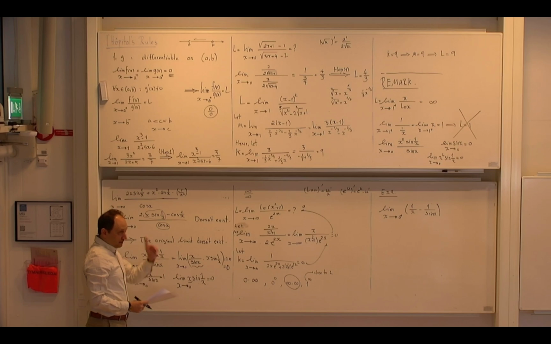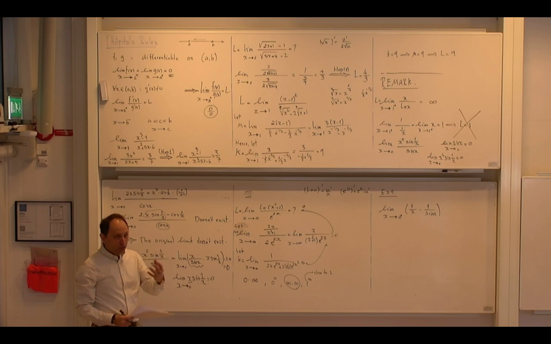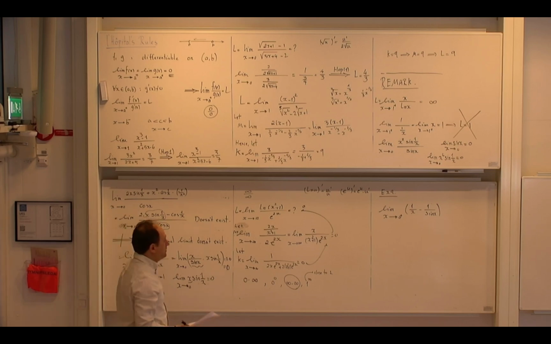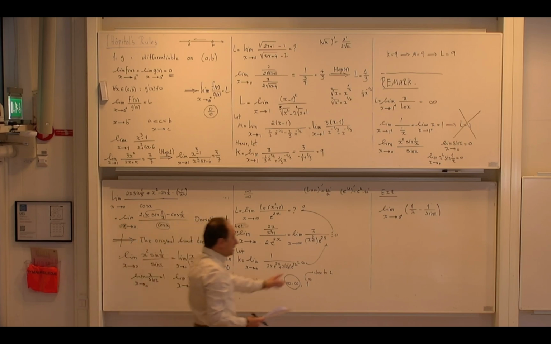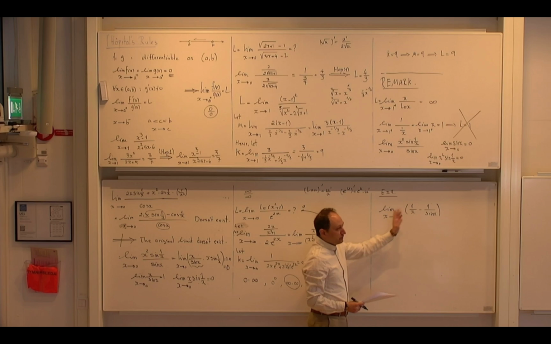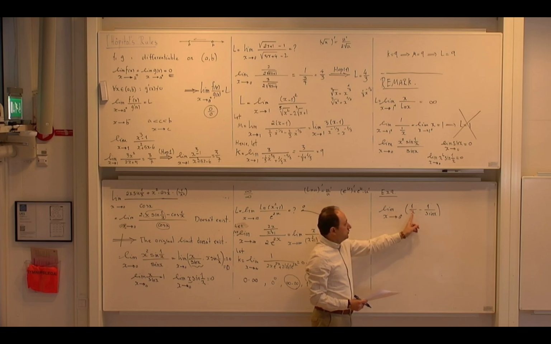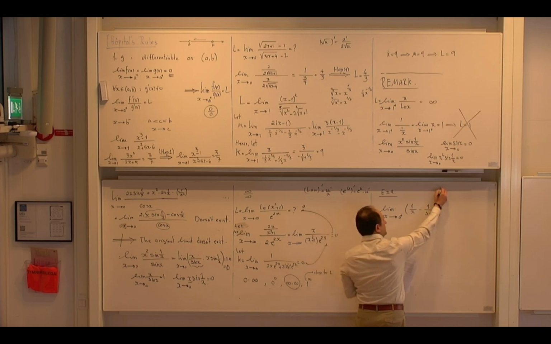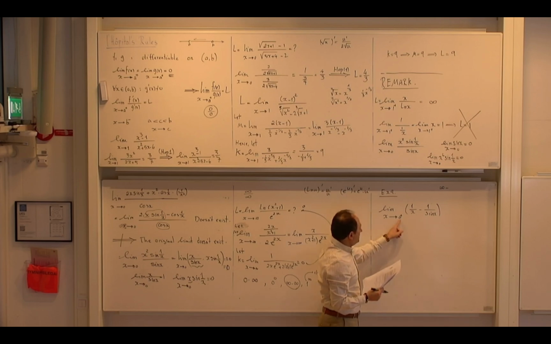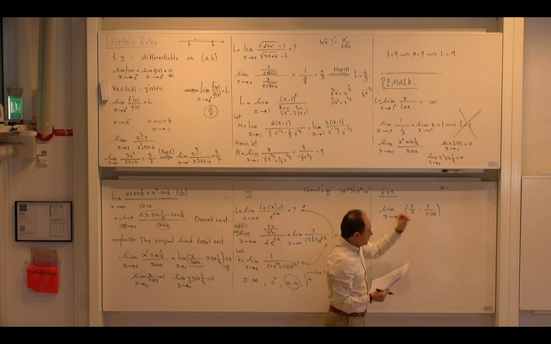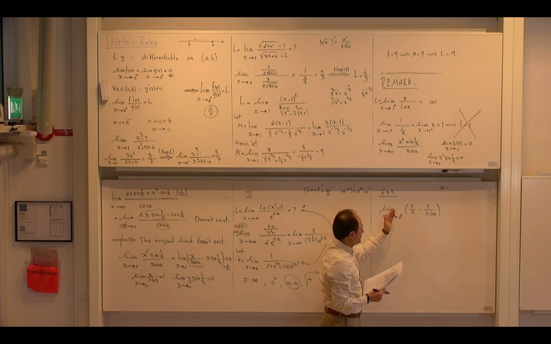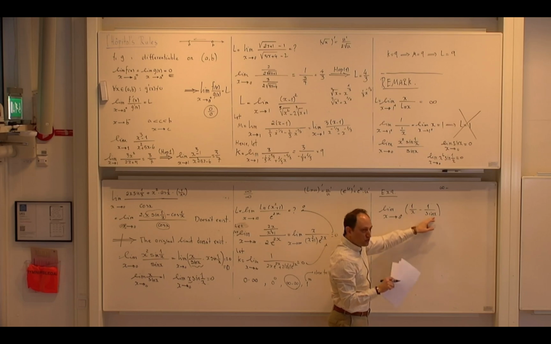Again, you have to always check what type of limit you are facing. X goes to 0 from the right hand side. So 1 over a positive infinitesimal becomes infinity. Sine of 0 is exactly 0, but if x is a little bit positive, I am in the first quadrant, so sine of x is close to 0 but positive.